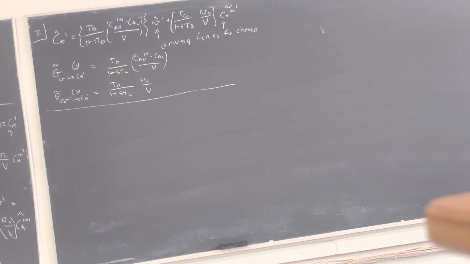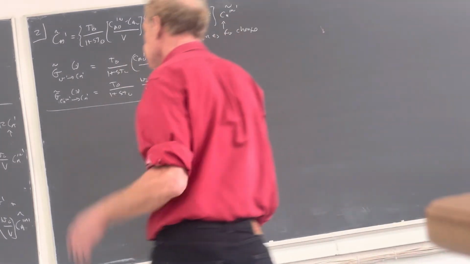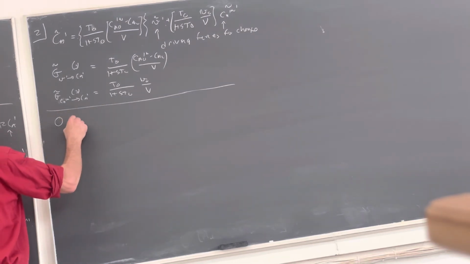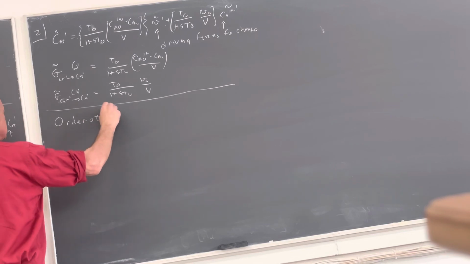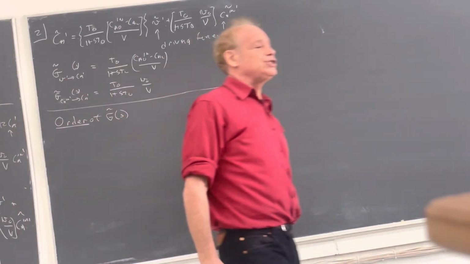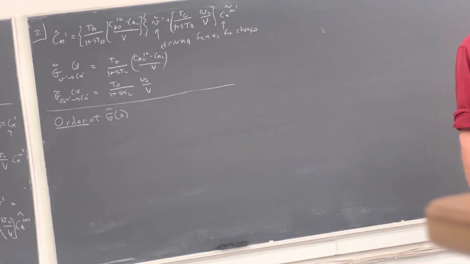Okay, so what's next? Now a couple of simple definitions. Now that we have this transfer function G, we can talk about the order of G tilde. And again, I'm always assuming that I've canceled out like factors from the numerator and the denominator. So that's a given assumption.